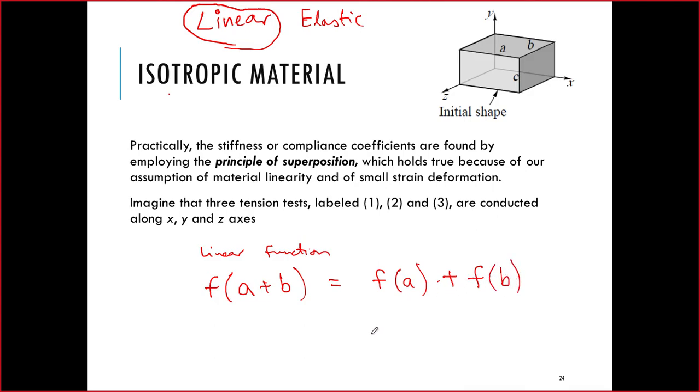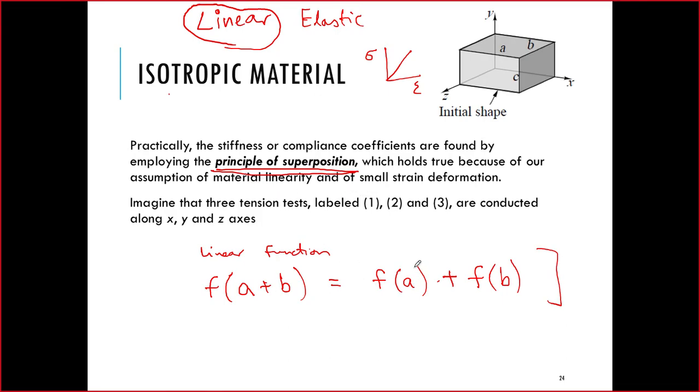That is, the output due to the sum of inputs is equal to the sum of the outputs from the individual inputs. Whew, mouthful. But I think written out you get the picture, right? That's what linearity implies. And there is one more consequence, which is the one I've labeled right here: the principle of superposition holds true for linear materials.